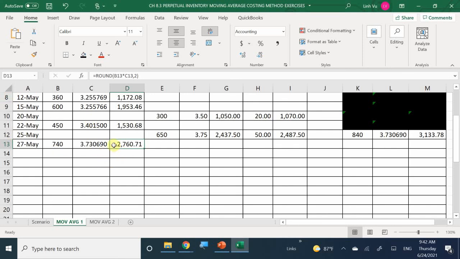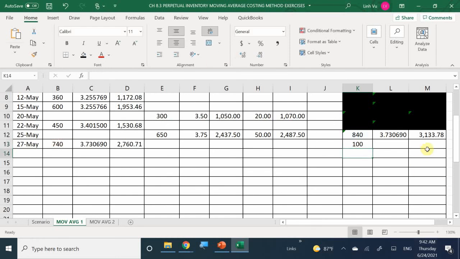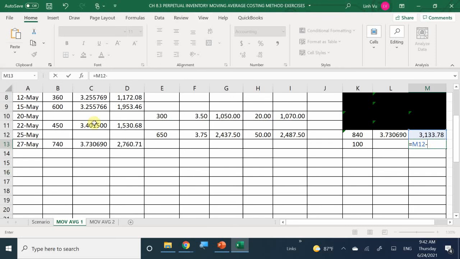So then last but not least, we need to update our inventory once again, since we already reached the end of the month. If we sold 740, how many do I have left? 100. Exactly 100. Okay, good. Now here, what's my new total cost if I sold 2,760.71? 373.07.